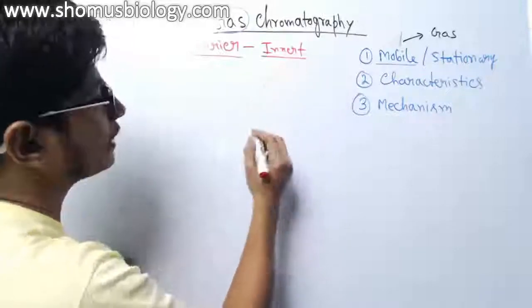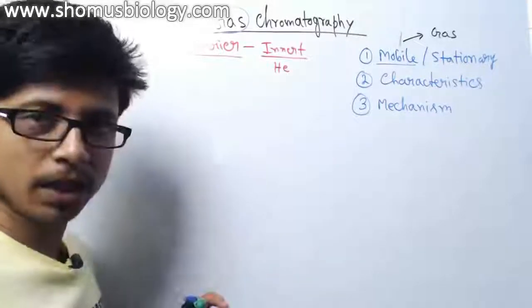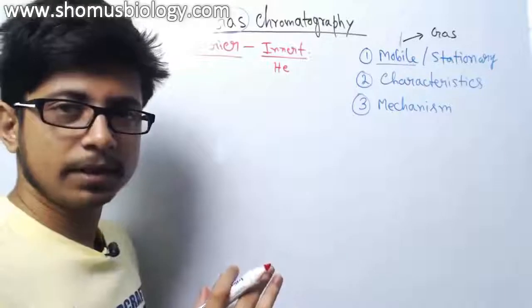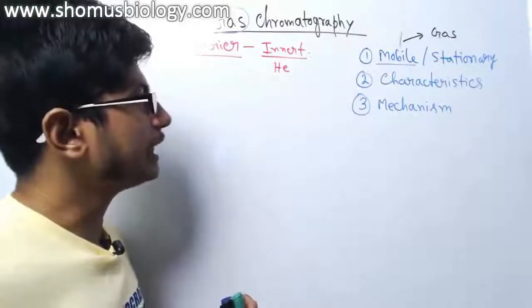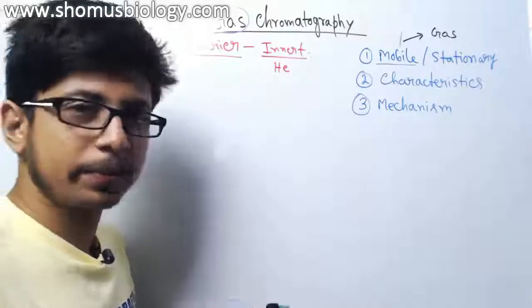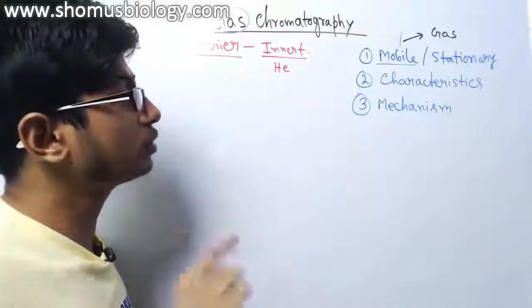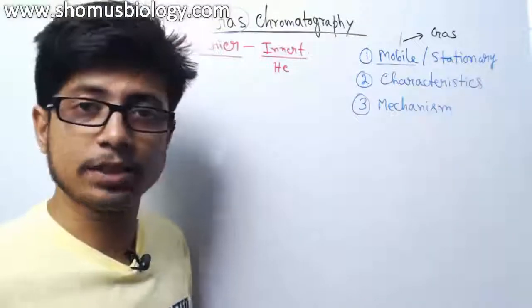An example of such inert gas is helium. Mostly we use helium as a carrier gas that will bring all those solutes and pass those solutes through the stationary phase of this column.